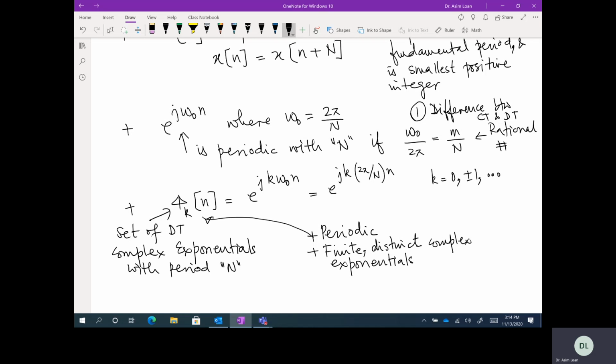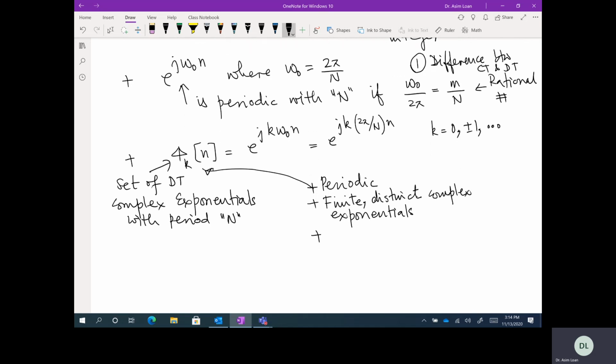The fundamental frequencies are the same. So this is the second difference between continuous time and discrete time complex exponentials. They are finite. So this is not going to go up to infinity.